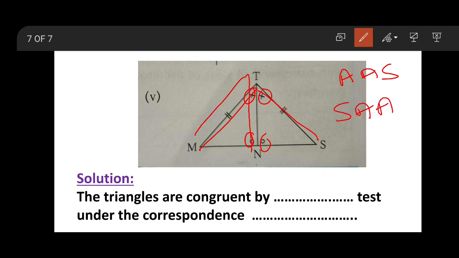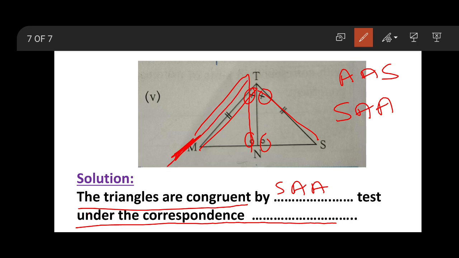So the triangles are congruent by angle angle side test or side angle angle test, under the correspondence. So write the correspondence. How will you write? You will again start with M. MTN. So MTN corresponds with STN. STN.